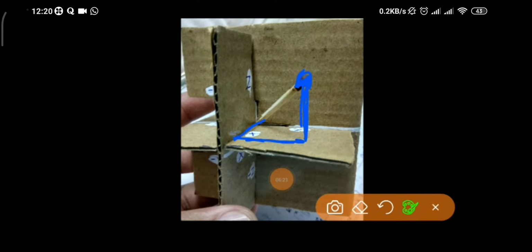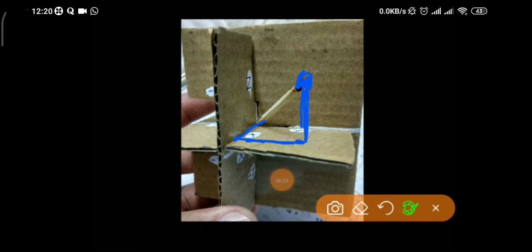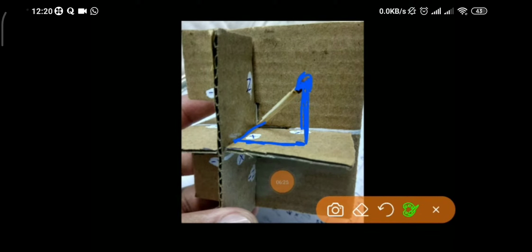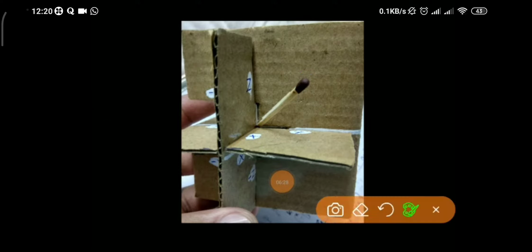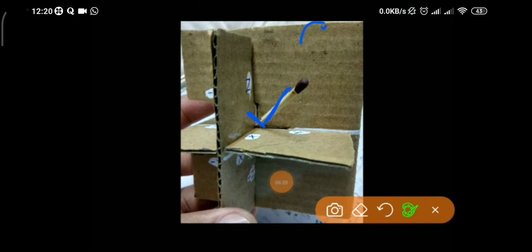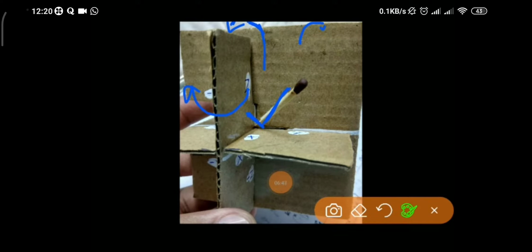You can clearly see that these planes, when they cut each other, are making rooms. You can see this is our first room. Behind this there will be one room, here will be one room, and this will be one room. So we have 4 rooms here. Below also we have rooms.